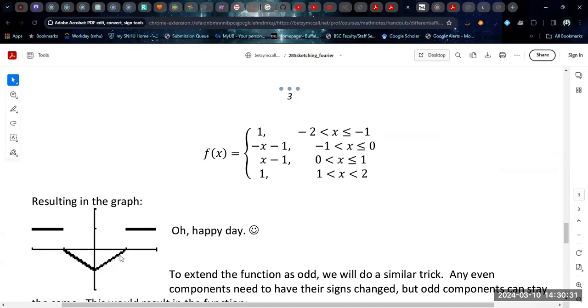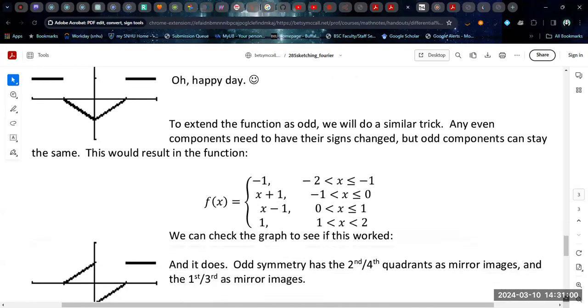Then this segment would be flipped over, and that would give us -x minus 1 between -1 and 0. This segment right here is the original x minus 1 from 0 to 1. And then this segment out here is that 1 again, because we're making it even, it doesn't have to change. And this goes from 1 to 2. And it looks an awful lot like a smiley face.